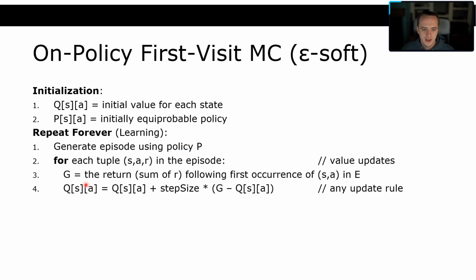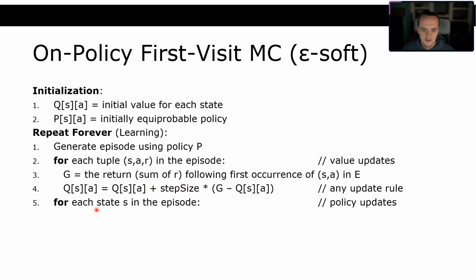And so what we do now is we can apply any update rule to update our value estimate of that state action pair. So here we're using the step size update rule, which says that the new estimate is equal to the old estimate plus the step size times the return minus the old estimate. And if you're not sure what that line means, go back a lecture or two and look at that.